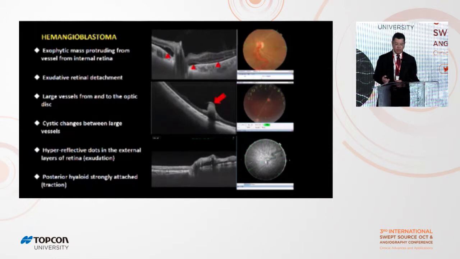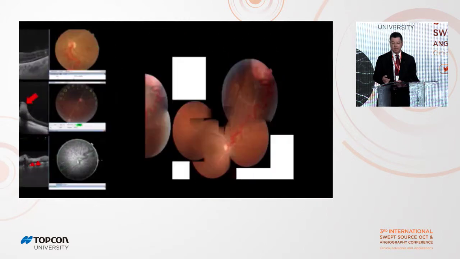There are also hyperreflective dots on the external layers of the retina that correspond to exudation, and the posterior hyaloid seems to be, in most cases, very strongly attached, creating traction in these vascular tumors.